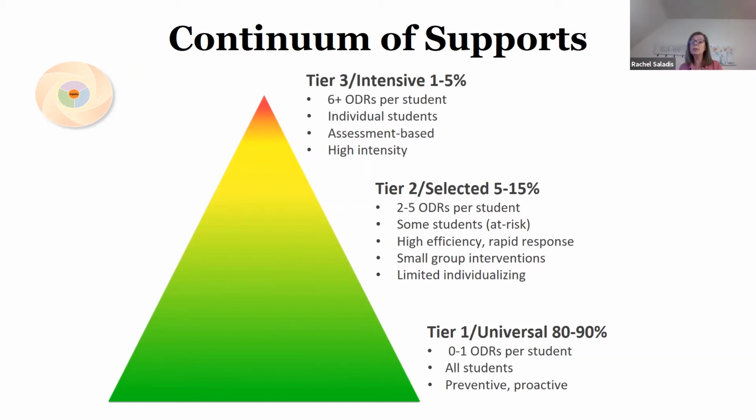Of course, we're going to support the students that need to be supported in real time, but we also want to be very real in telling you that with that Tier 3 individualized type of supports, we have a lot of false positives in our data when Tier 1 and Tier 2 are not functioning as they should be.